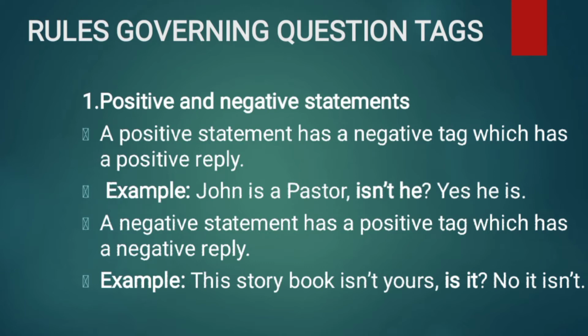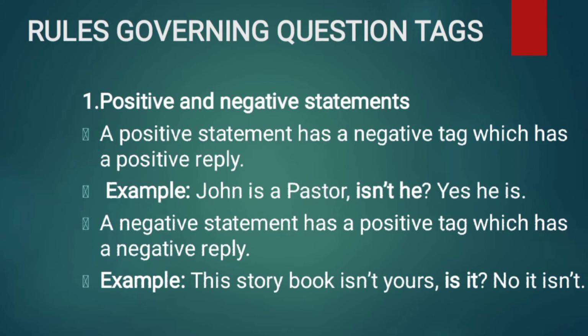So for our question tag, we'll get the auxiliary verb, which is is. Now we'll get the pronoun for the storybook. The storybook is not a person, it's not a girl, it's not a boy, it's it. The pronoun for a book or for anything is it. So get the auxiliary verb is and put it there.